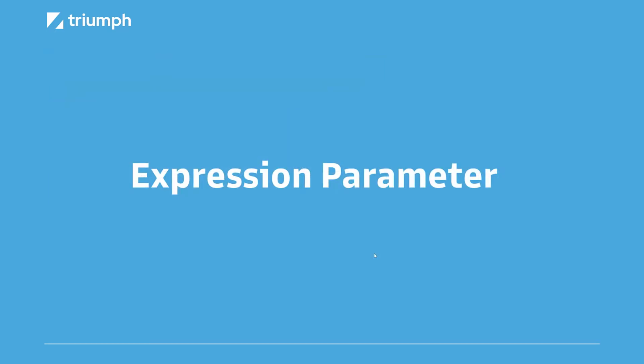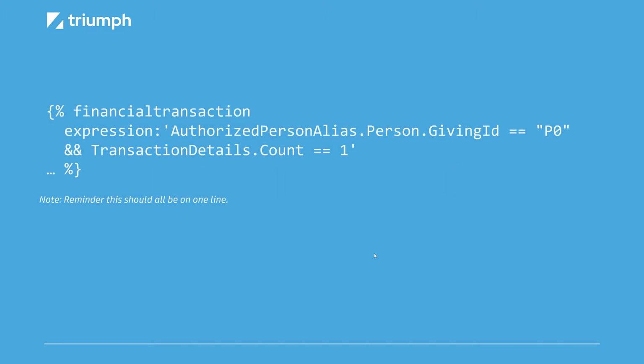Speaking of more options, let's go back and look at the expression parameter. We kind of showed that. We didn't really show you all the power. It does have a lot of other things you can do with it. So in the expression, I can add multiple different filters using the double ampersand. And notice this. I have the ability to filter on aggregates here too. So I can say where the transaction details.count is equal to 1.